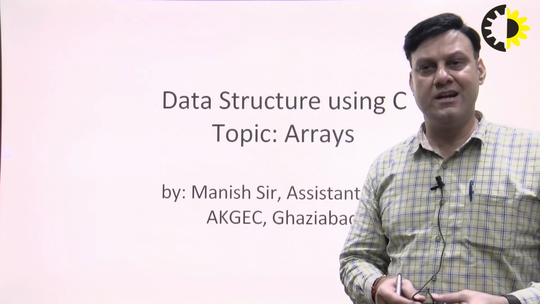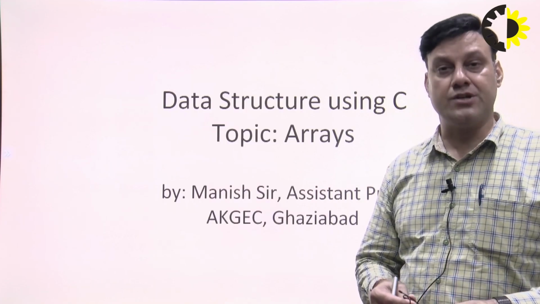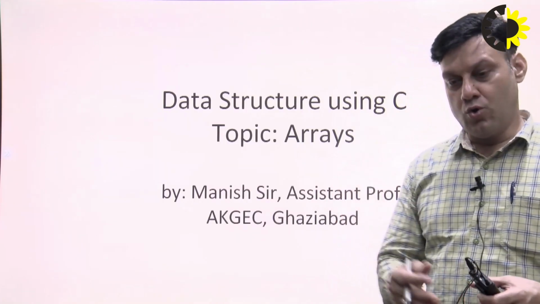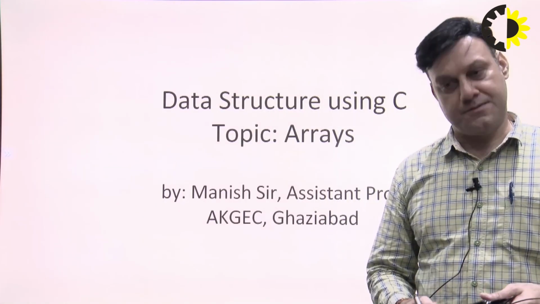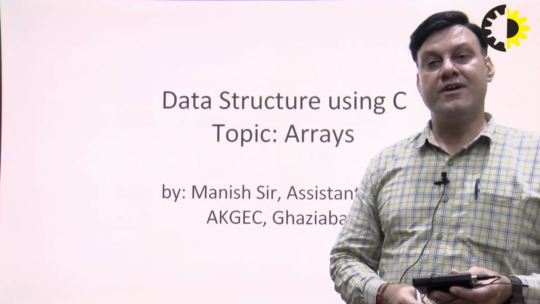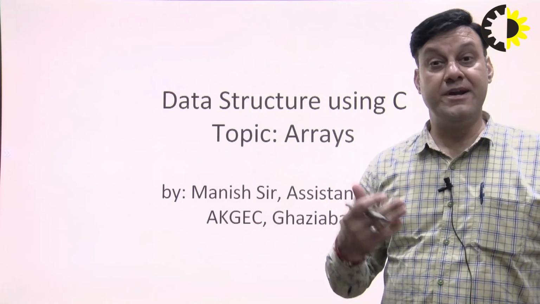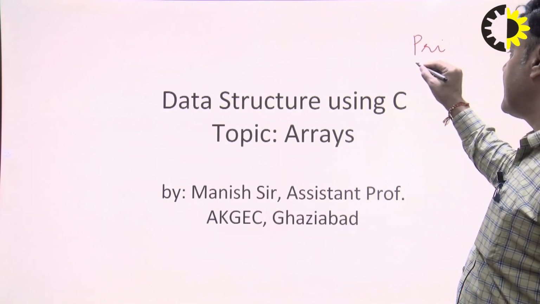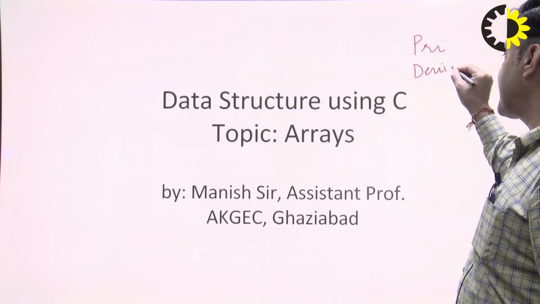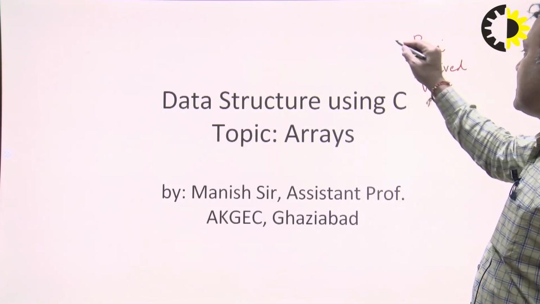We know that there are a number of operations that we perform on a data structure. You all have studied in your first year in C programming that there are a number of data types, and you have categorized those data types as primary data types, derived data types, and user defined data types.